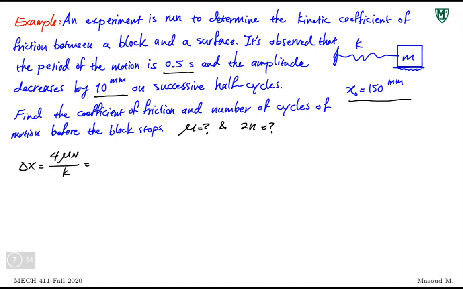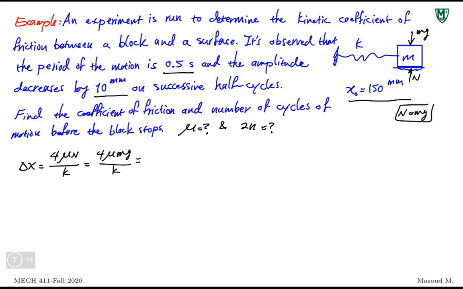This is just a typical spring mass system, so this is n, this is mg, and my n is equal to mg. So I'll write delta x equals 4 mu mg over k. The problem is I don't have the value of mass, and I don't have the value of stiffness.